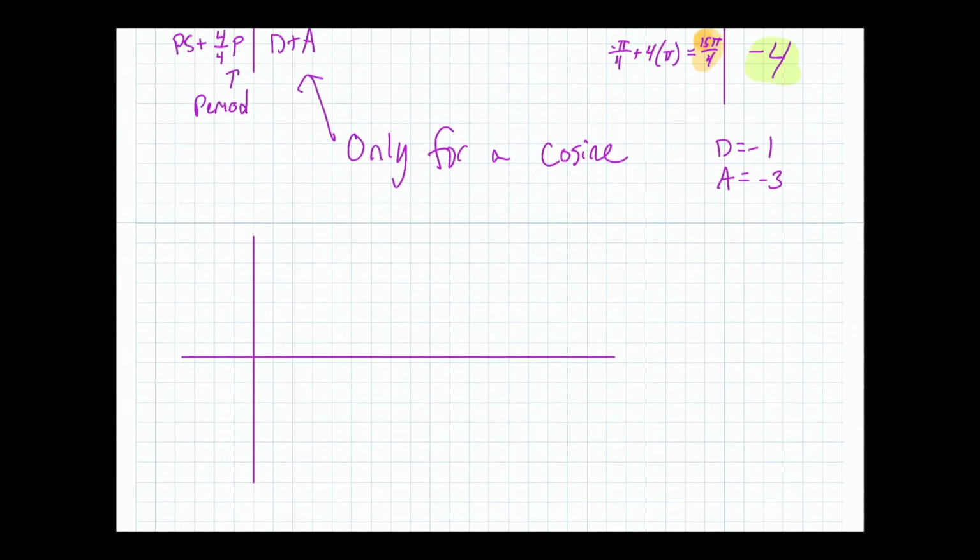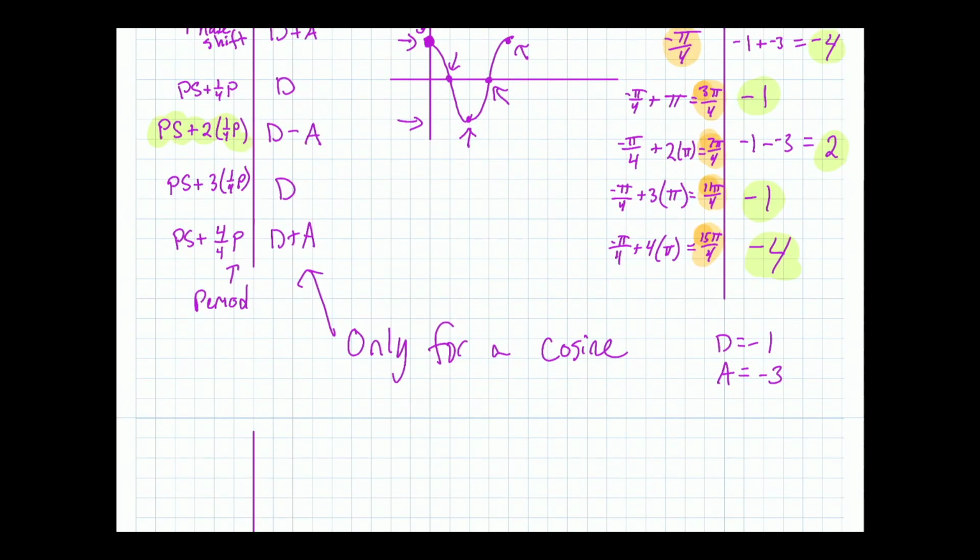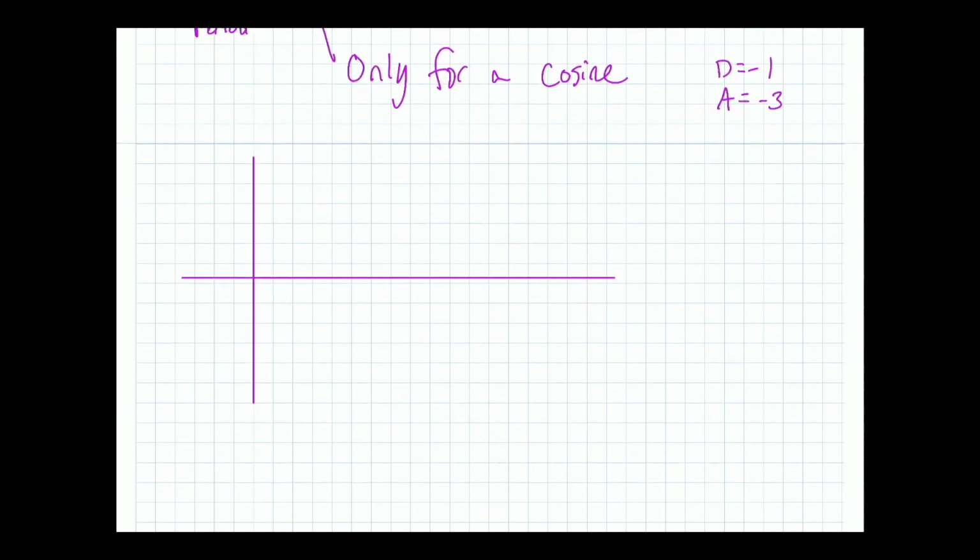Okay, so what do we need? So we have 3 y values we care about: negative 1, positive 2, and negative 4. So actually, let me just erase this line and put it on an actual line.